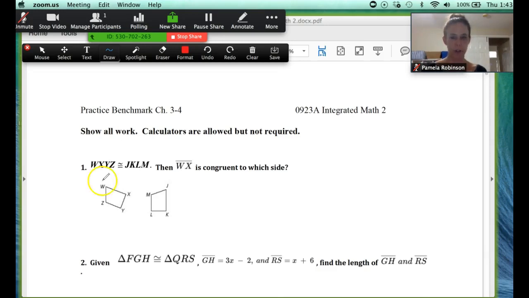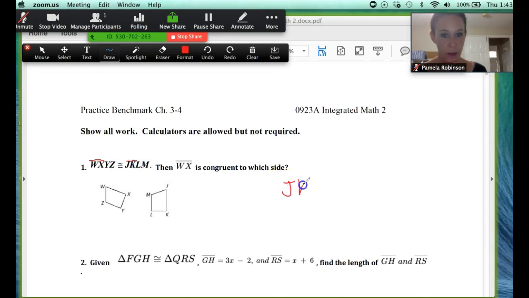The first question gives you two congruent quadrilaterals. You have to be careful when you label congruent figures to label them in the proper order. It asks which side WX is congruent to. Since these are written in the correct order, WX should be congruent to JK.